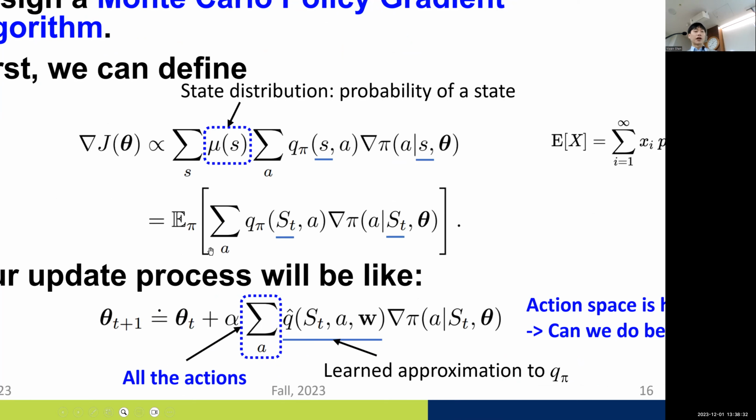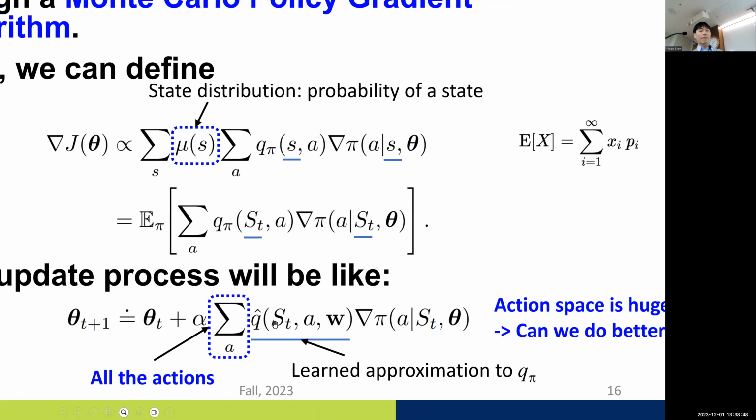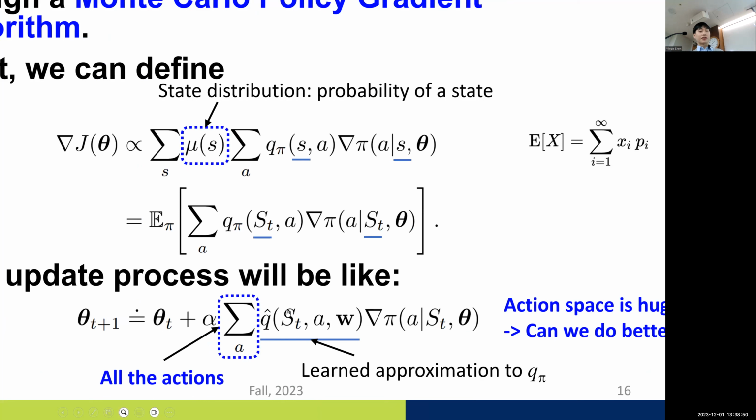Then we put the remaining part here: sum over all the possible actions of the action value times the gradient of the policy. Okay. So this is a valid update.